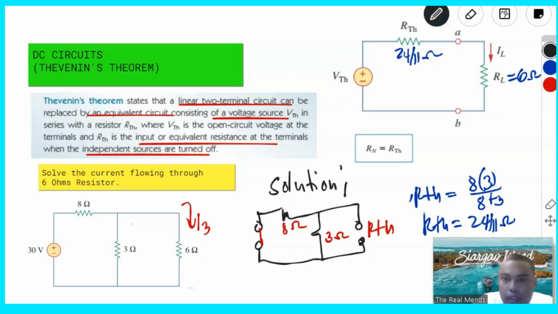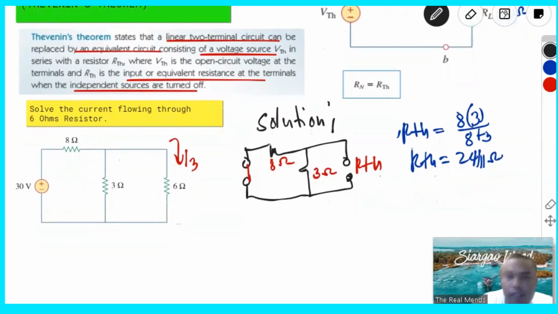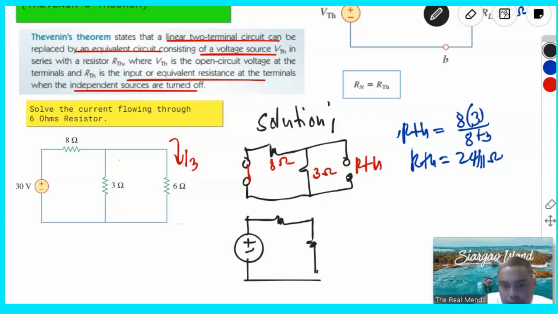So how to do that? Let's construct a circuit again. We have this 30 volts, and then this is 3 ohms, and then this 6 ohms is now open circuit voltage. Okay, make a label.